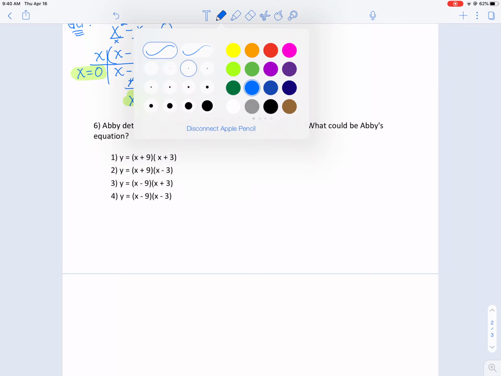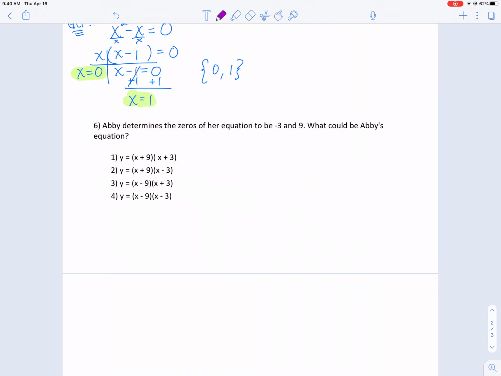Okay, this last one should be really quick. She wants to know her zeros, which are the same thing as solutions or roots. And they say her solutions are negative 3 and 9. Okay, look at how they're giving them to you as factors.